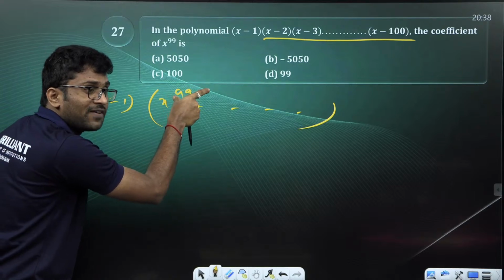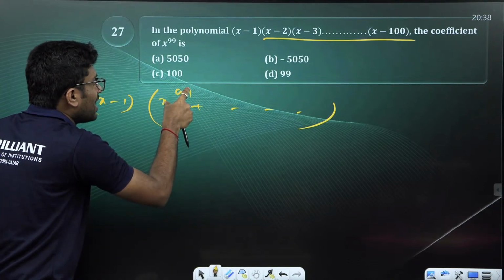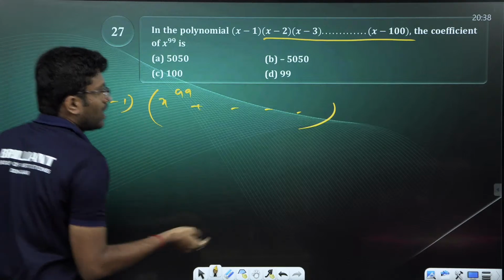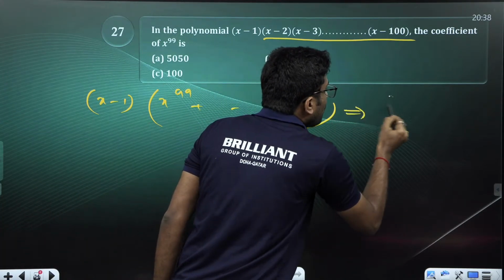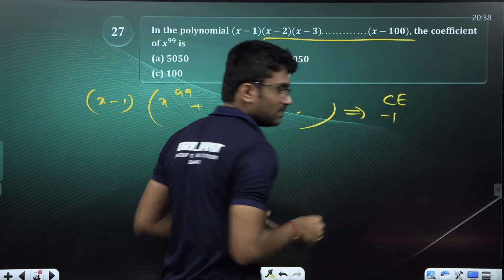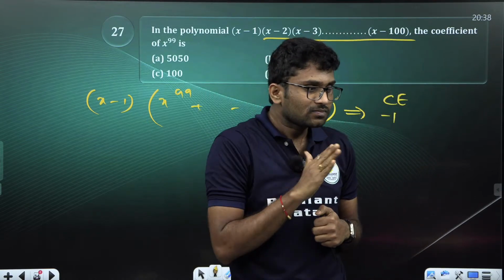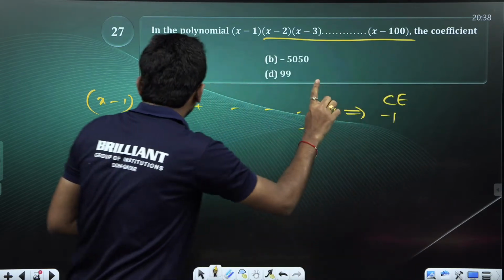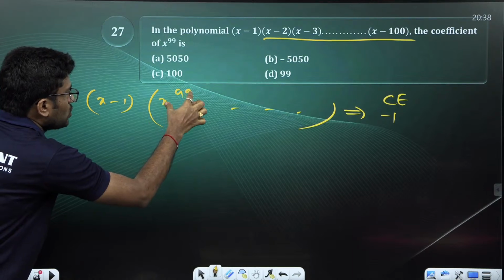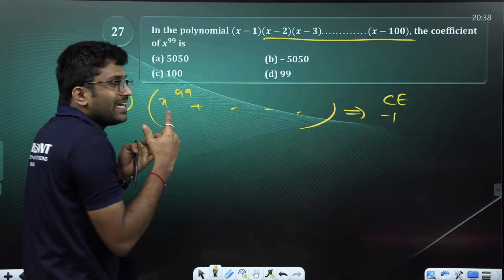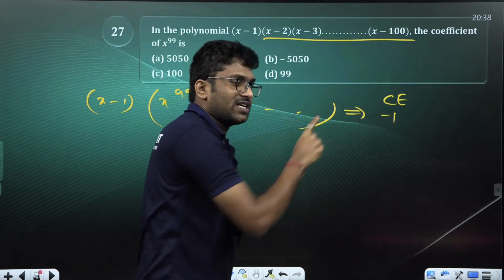To get the coefficient of x^99, this x^99 should be multiplied with -1, then only will you get x^99. So the coefficient is -1.